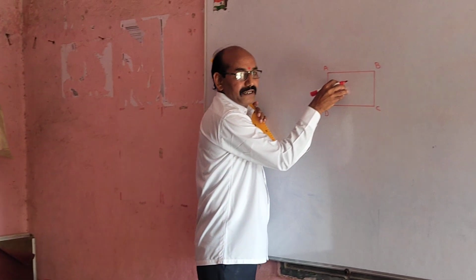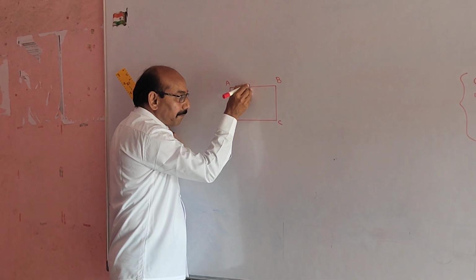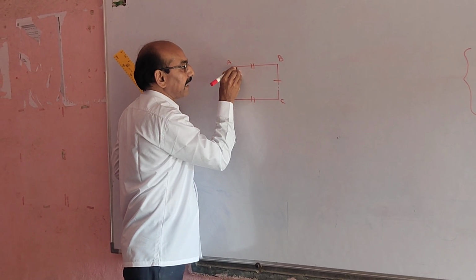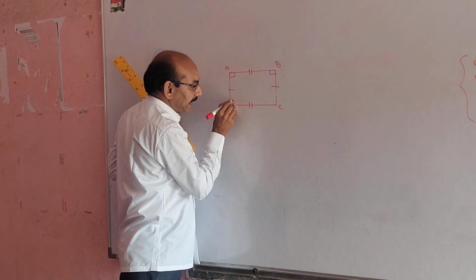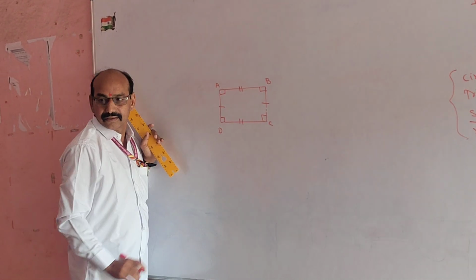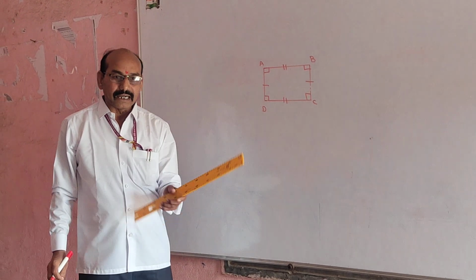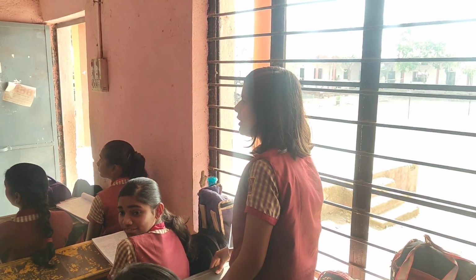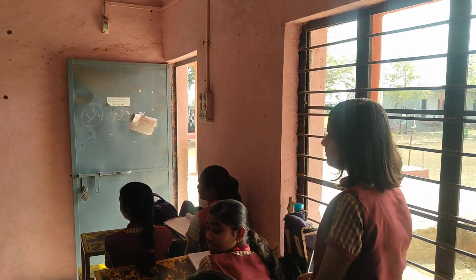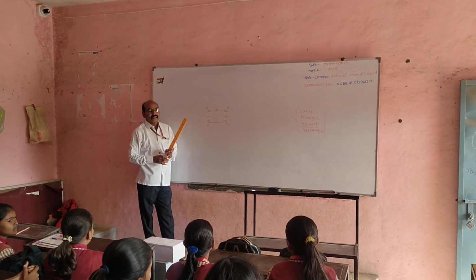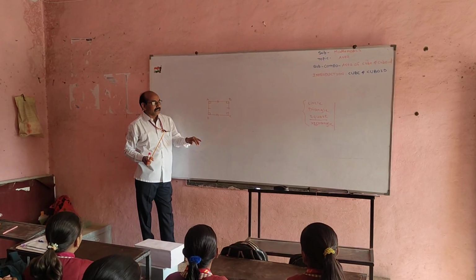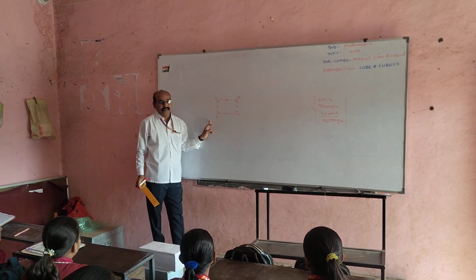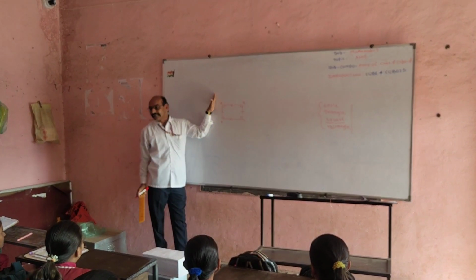In this figure, the opposite sides are congruent and each angle is 90 degrees. Such a figure is called two-dimensional. The name of this figure is rectangle. In a rectangle, opposite sides are congruent and each angle is a right angle.